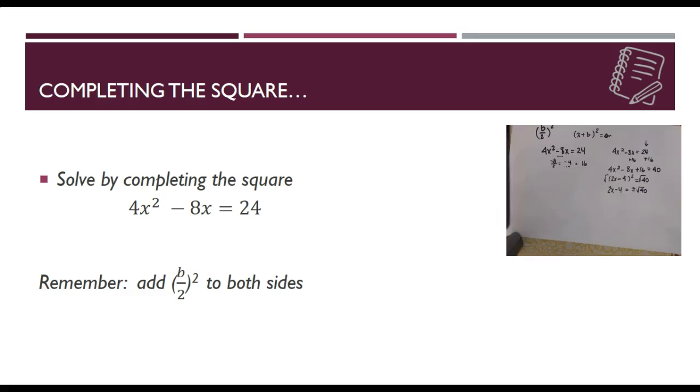Other times you're going to want to go ahead and simplify it. In this case, we're going to go ahead and estimate it. So I'm going to put 40 into my calculator, take the square root, and round it. And that gives me 2x minus 4 equals positive or negative, and this is actually approximately equal to, because I'm rounding it.